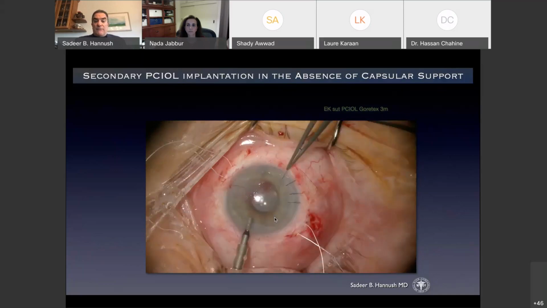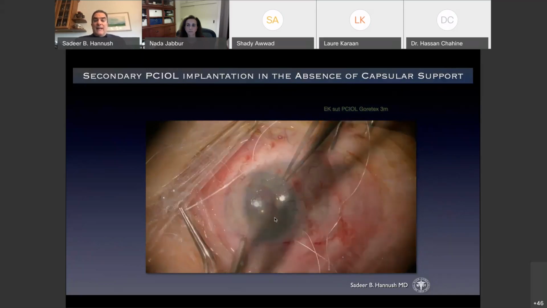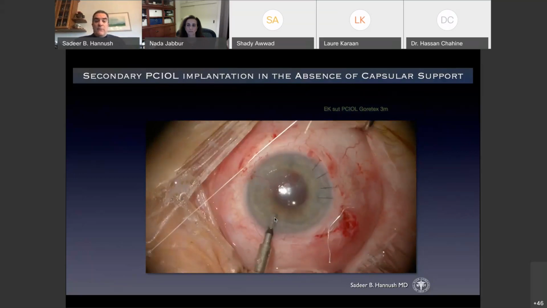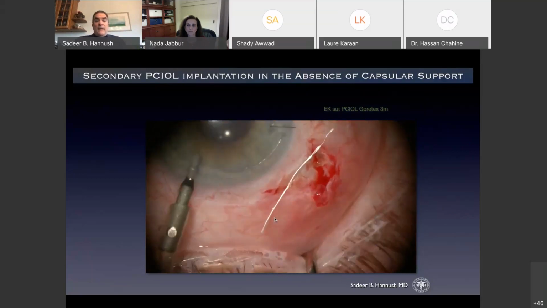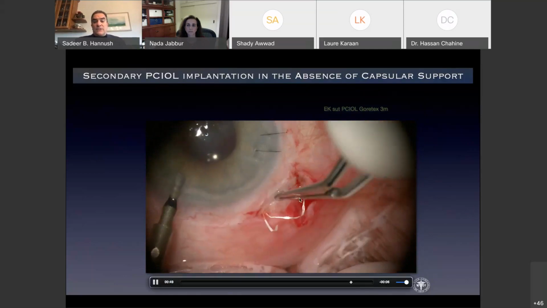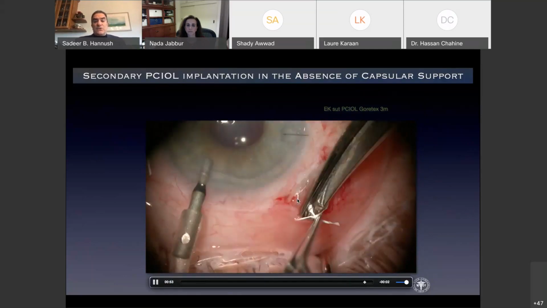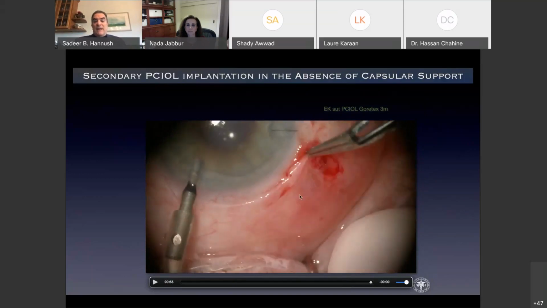So I am not a fan of suturing a hydrophilic acrylic lens, but of course a hydrophobic lens does not behave that way. The only thing to say about Gore-Tex is the suture has to be buried. You cannot leave any part of the suture on the surface because it can erode through the conjunctiva, and that can cause melts and serious complications, which we didn't know 5 years ago.